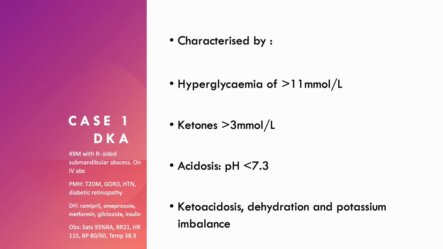So this means there'll be low overall potassium in the cells, but on the blood tests it may be normal. Once the patient starts getting insulin, the potassium is then shifted into the cells and you then get a low potassium, so hypokalemia, and that can result in cardiac arrhythmias. So it's really important to fluid resuscitate the patients with potassium supplementation.